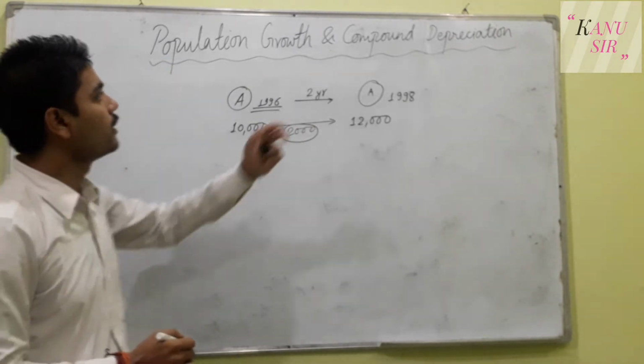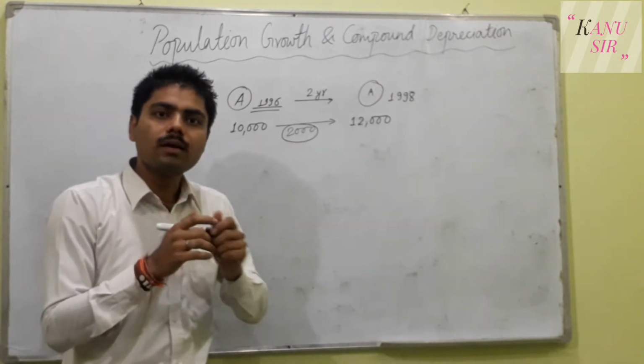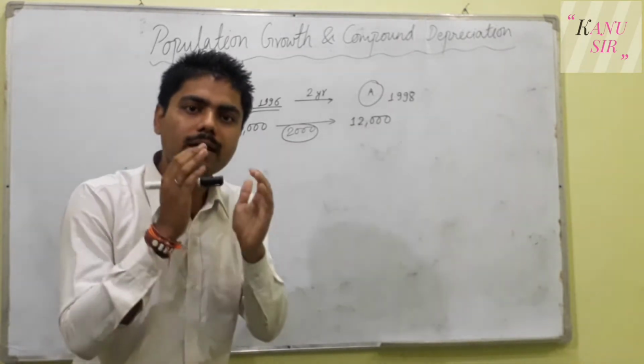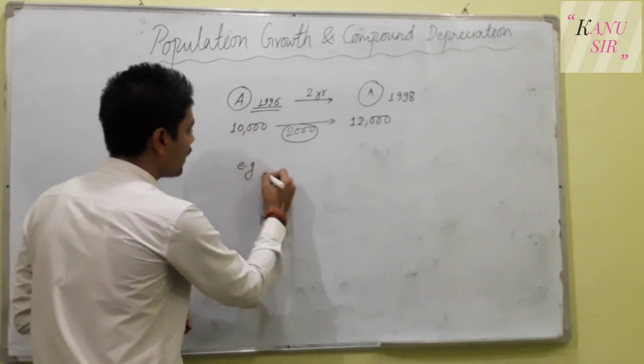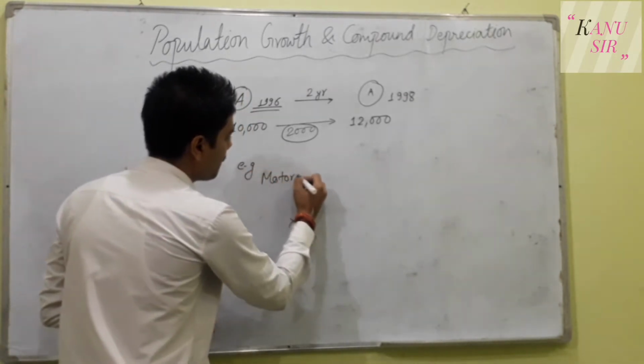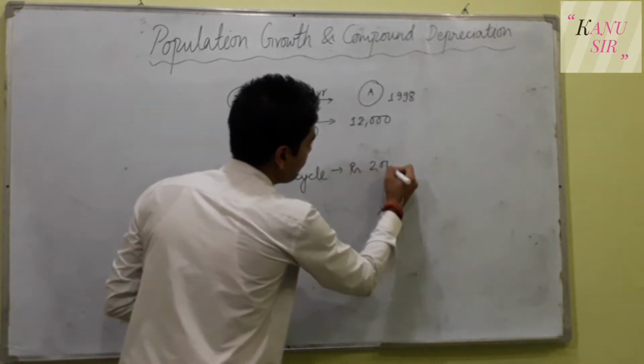In the same way, depreciation is a condition of decreasing the value of any object bought. For example, let us take a motorcycle you have bought at rupees 2 lakhs.